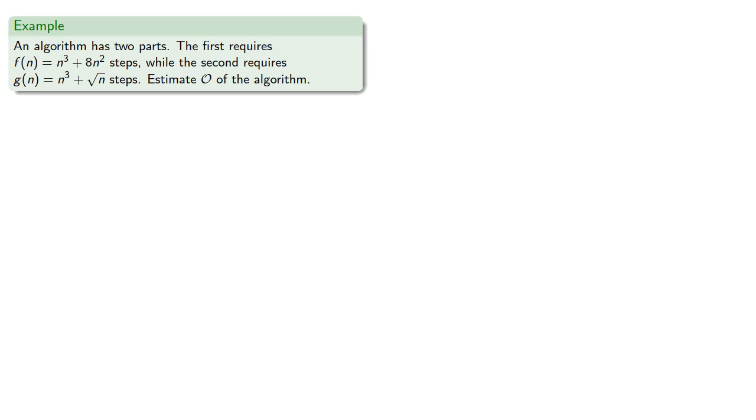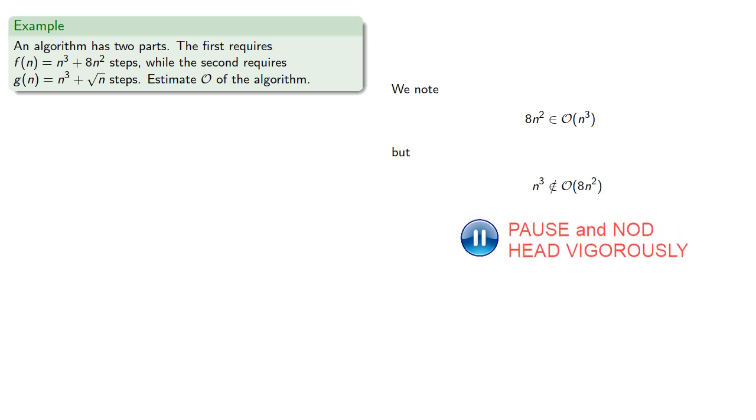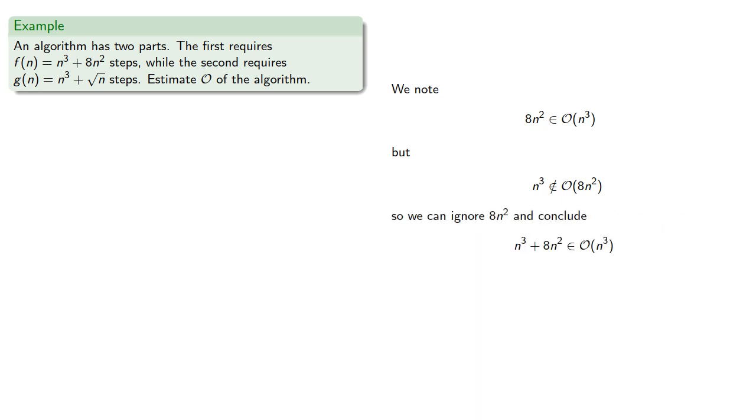So, for example, an algorithm has two parts requiring f(n) and g(n) steps. Let's estimate big O of the algorithm. Now, we note that 8n squared is big O of n cubed, but n cubed is not big O of n squared. So we can ignore the 8n squared and conclude that the first function is big O of n cubed.